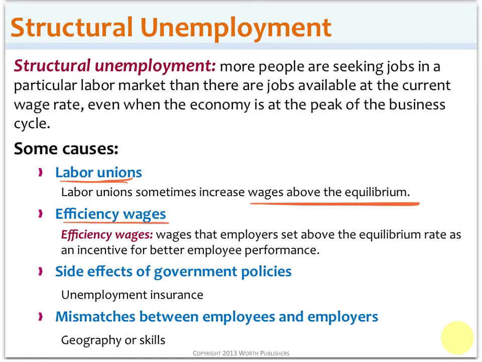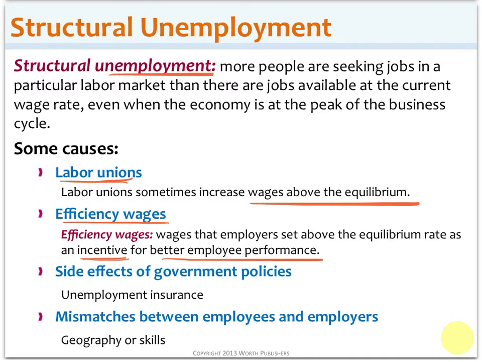There's theories about efficiency wages. This is a fun little term that is the practice of employers setting the wage above the equilibrium. And this happens more in good economic times as an incentive to hold on to good employees for better performance, etc. But the reality is, when you know that there's higher than normal wages in, let's say, the software industry, a lot of people will be drawn to work in the software industry, and that's going to create a surplus of workers, or unemployment, and we would call it structural unemployment.